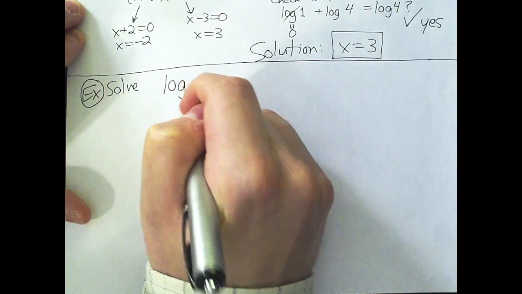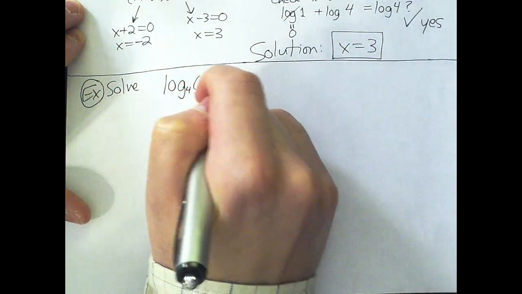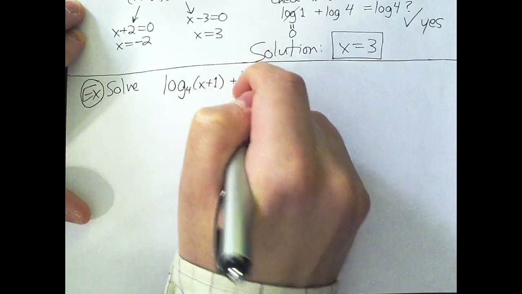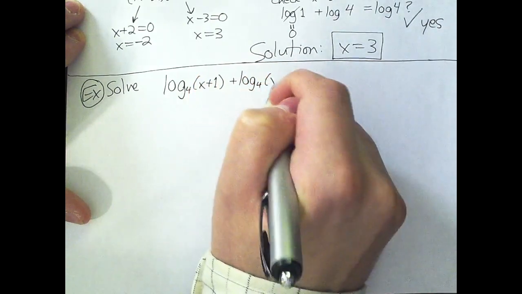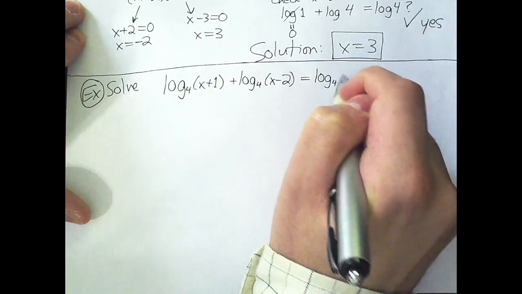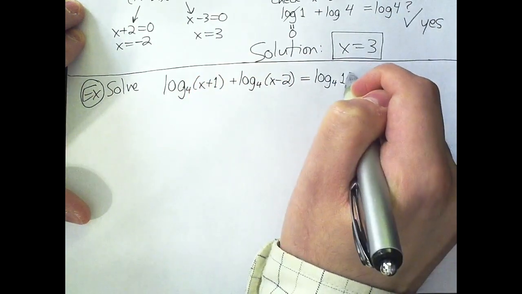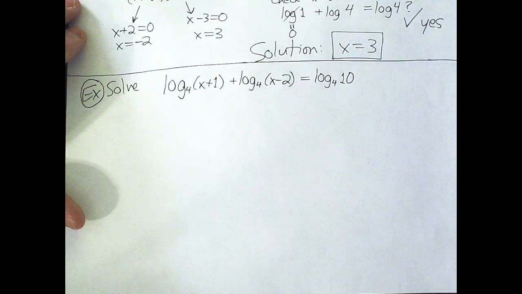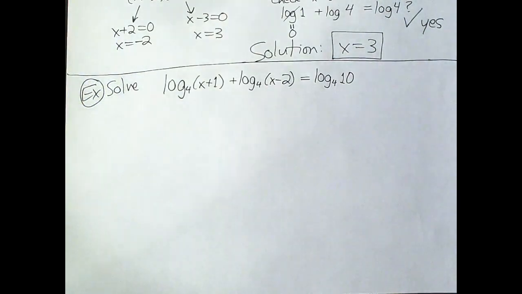This one is log base 4 of x plus 1, plus log base 4 of x minus 2 equals log base 4 of 10. So take a couple of minutes and try this. Pause the video if you'd like and see what you come up with, and then we'll talk about it.